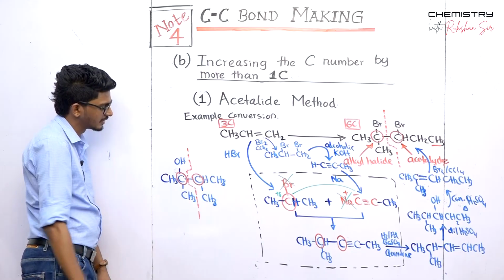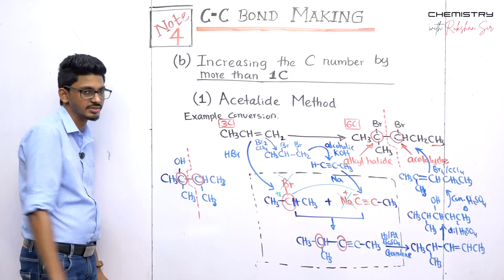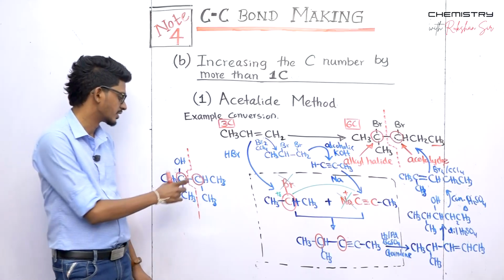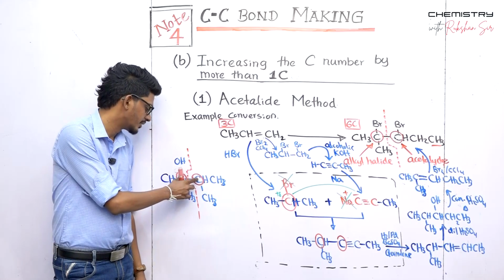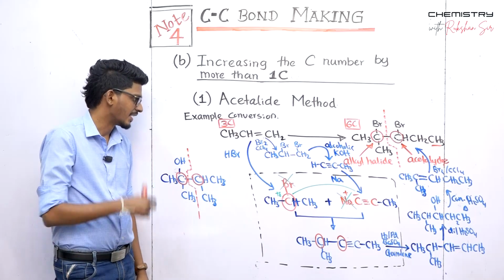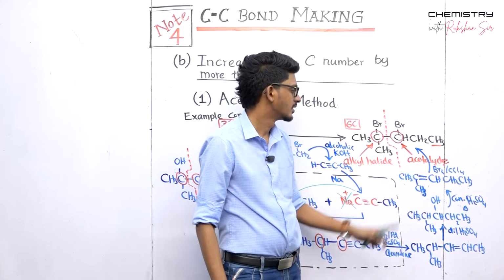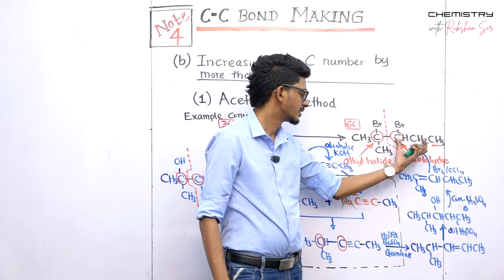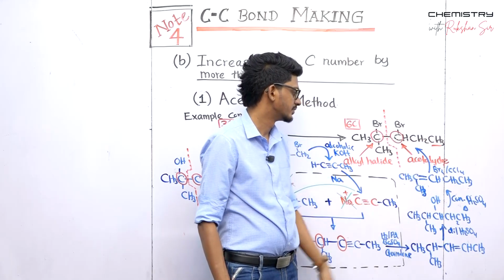None of these is a corner carbon, so you can't do this kind of conversion with the acetylide method, because both the carbons are not corner carbons. If at least one carbon at the connectivity is a corner carbon like this, you can use that section as the section coming from the acetylide.